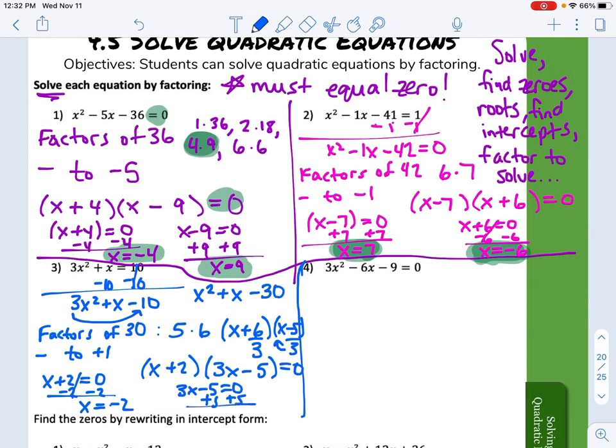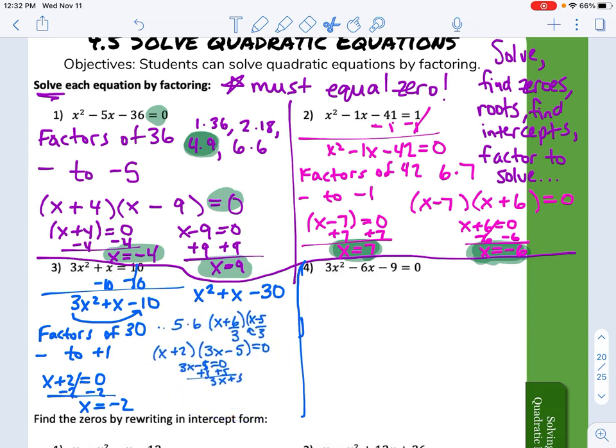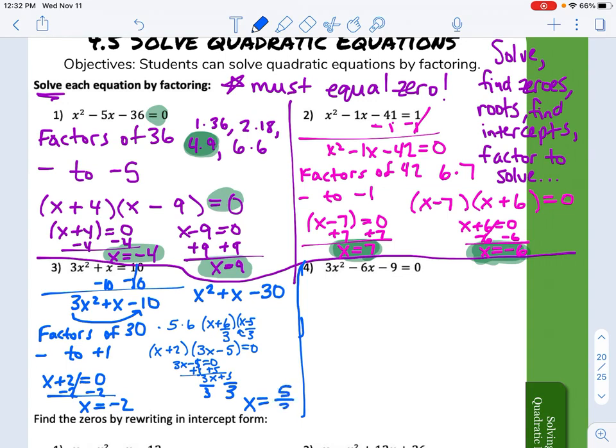We need to add 5 on both sides, 3x equals 5, and then we'll end up getting a fraction. Then we divide by 3, and we end up getting x equals 5 over 3. That's totally fine. You could also write that as a decimal if you wanted to, but those are our 2 solutions.